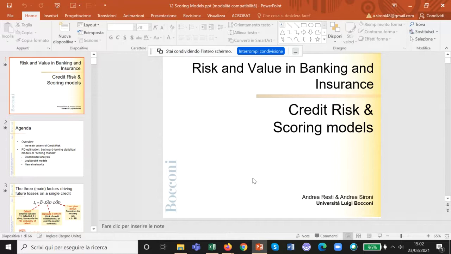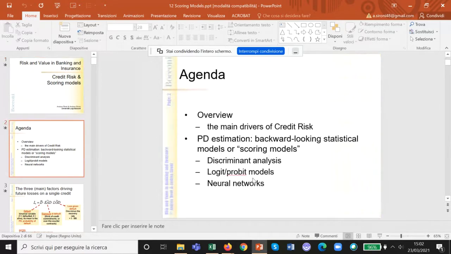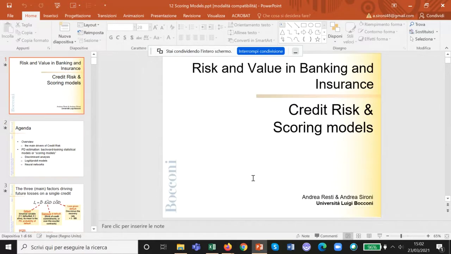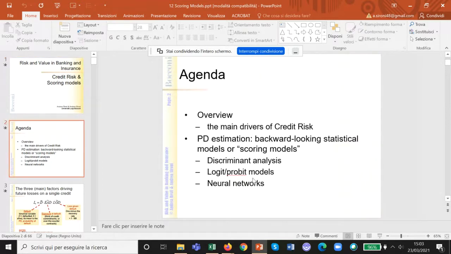Now, within these models, a relevant role is played by scoring models, which, as we will see today, are models that are very much focused on past accounting data. So they use past historical accounting data mostly, sometimes also behavioral data, to estimate a score and eventually a probability of default, okay?